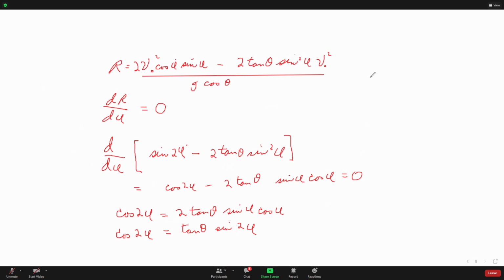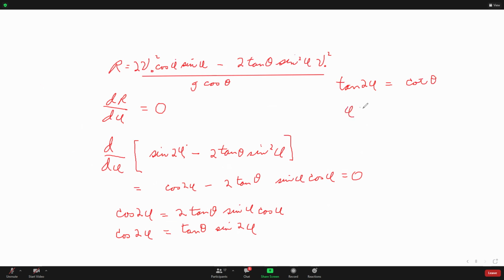And now we'll go up here to the right. We're going to get the tangent of 2 phi is equal to 1 over the tangent of theta. I'm just going to write that as the cotangent of theta.